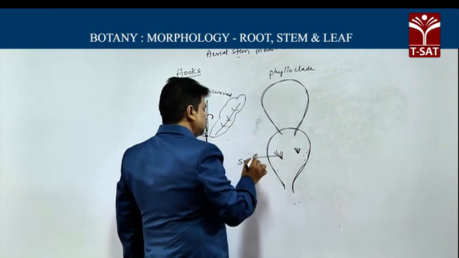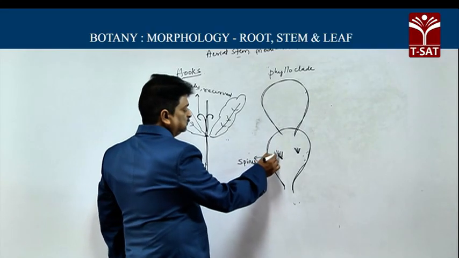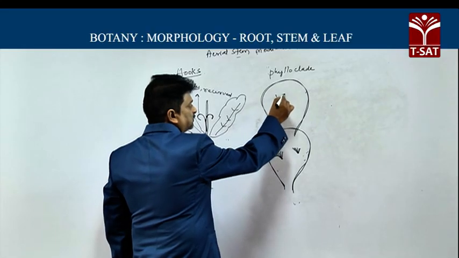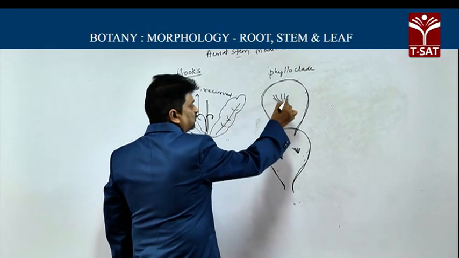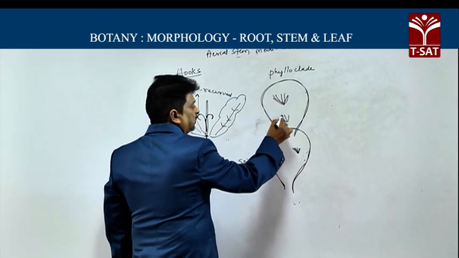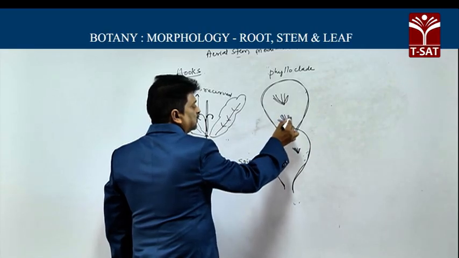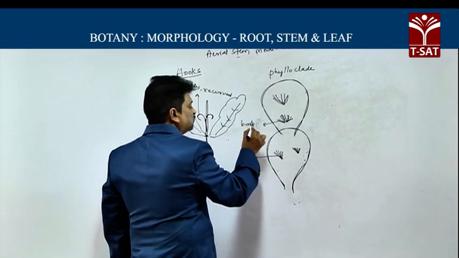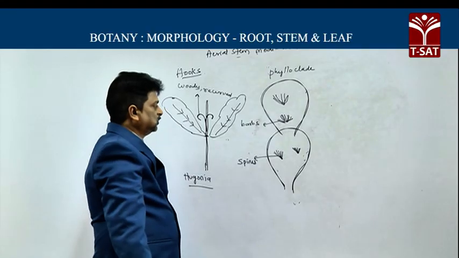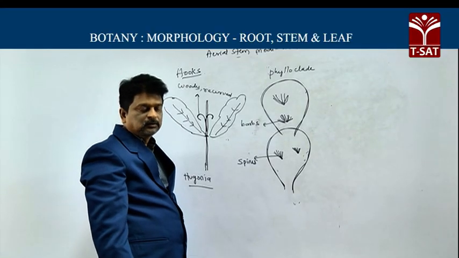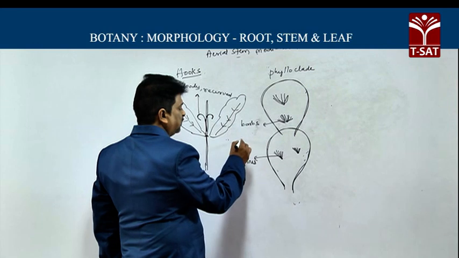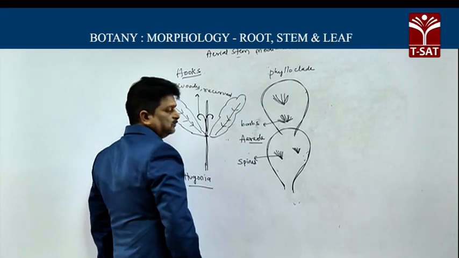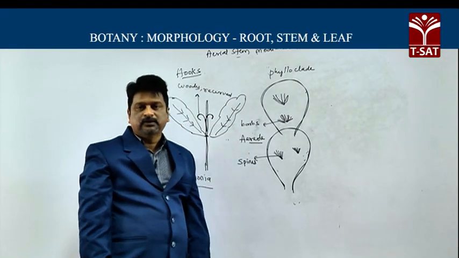So in Opuntia, at each node, a cluster of spines is present, and along with the spines, small hairy structures are present. These small hairy structures are called barbs, and spines and barbs together are called an areole. That is about phylloclade.